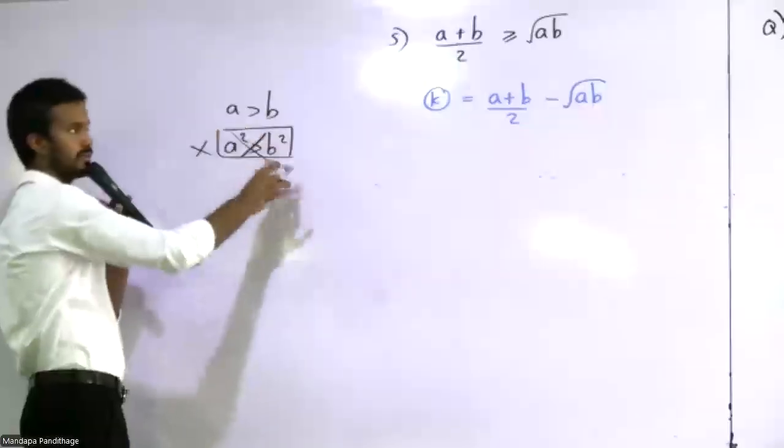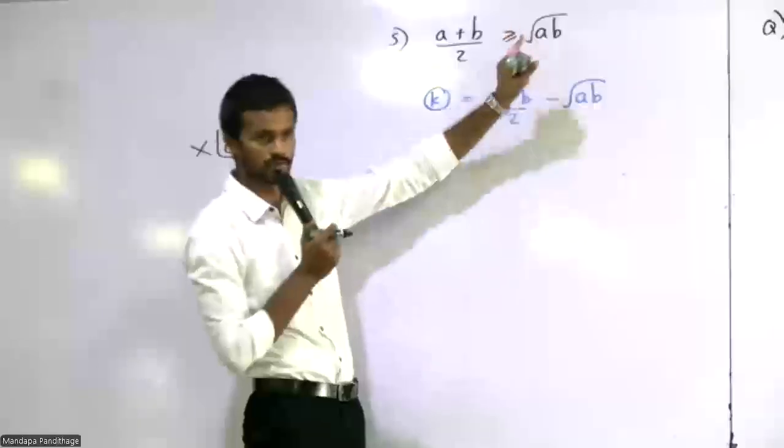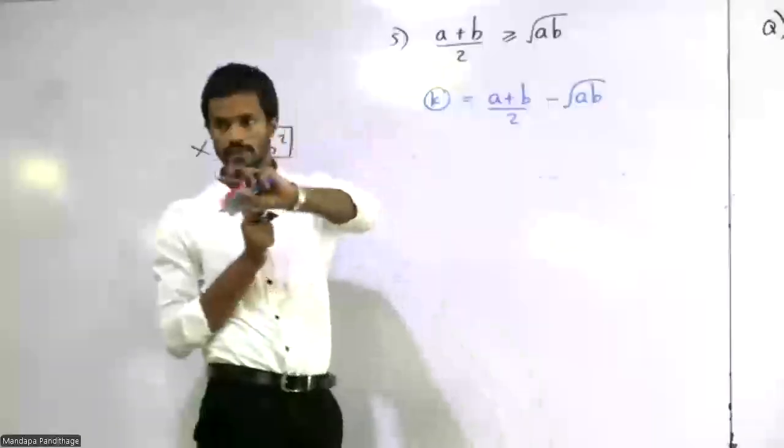That is wrong. When we have to square either side of the inequality, that is a different story. So if you are going to show that this entire expression squared is greater than the square of this, that's wrong. That is the first thing.